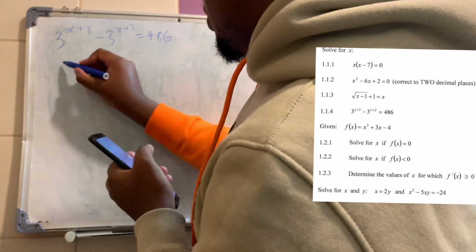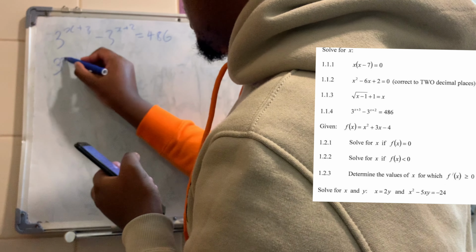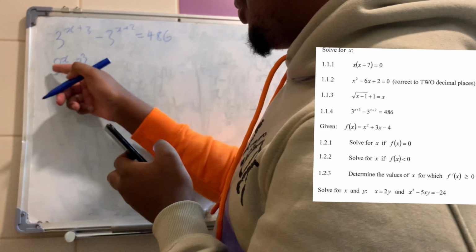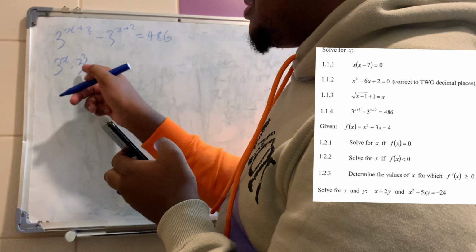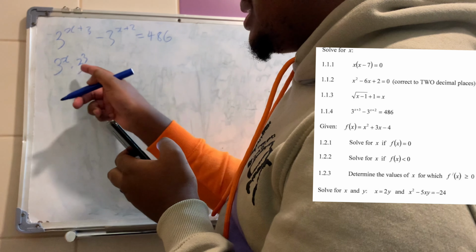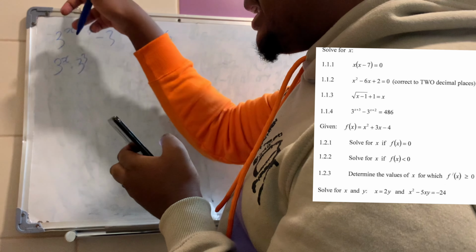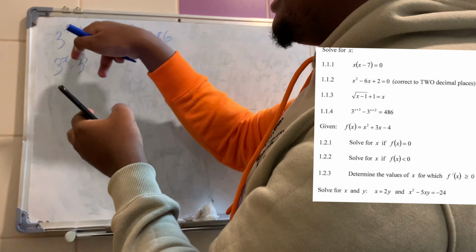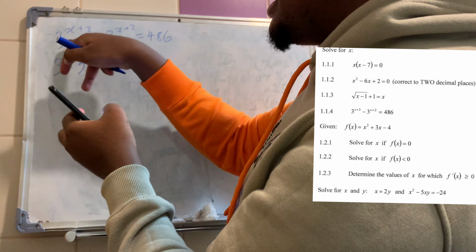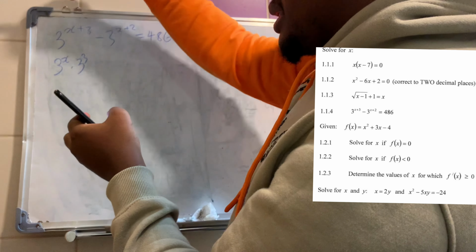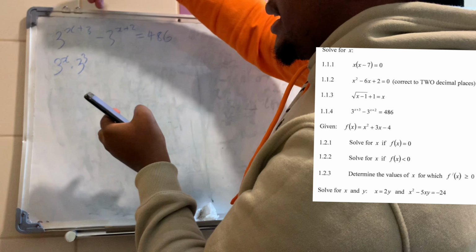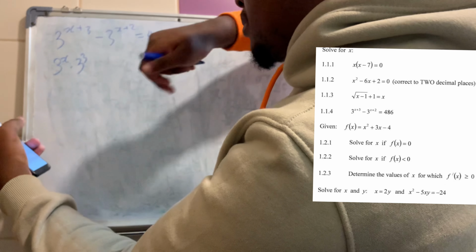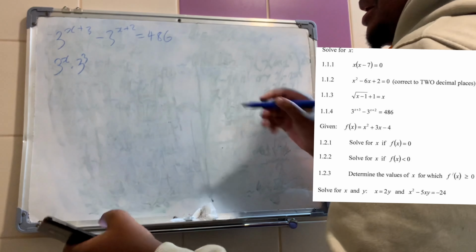You know by the laws of exponents, 3 to the power x multiplied by 3. If the bases are the same and you multiply, you can add the exponents. So the exponent is expanded in terms of two numbers.